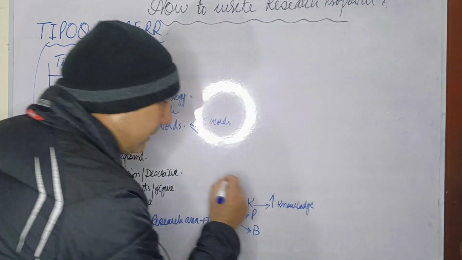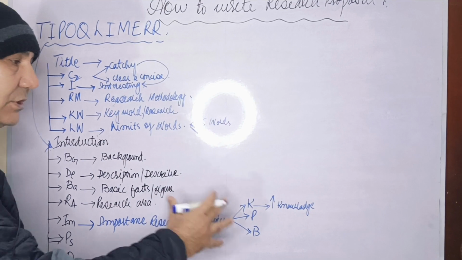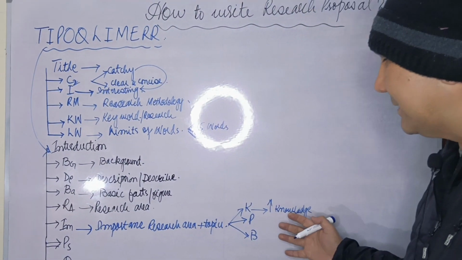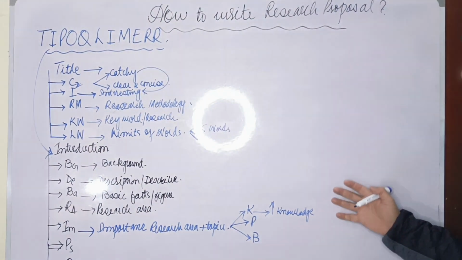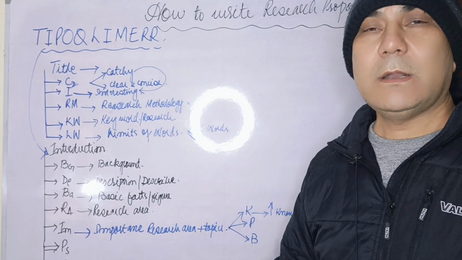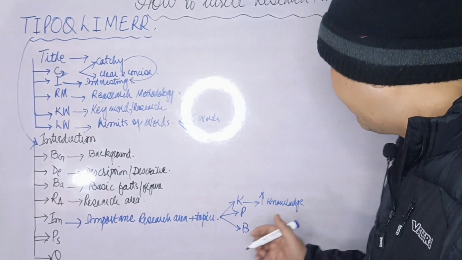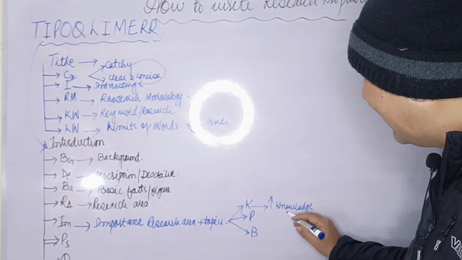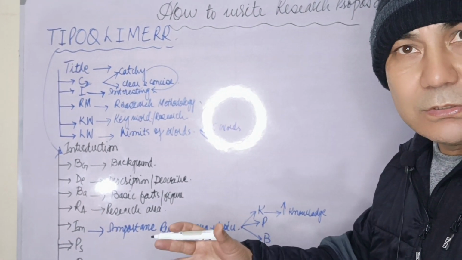As I told you in my previous lecture, while you conduct a research, how it increases the stock of knowledge. Definitely anyone who conducts a research study contributes to increasing the stock of knowledge.